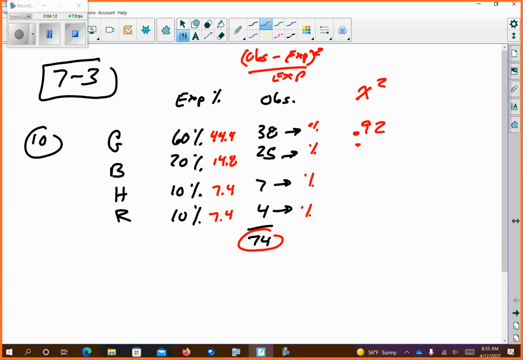As we go down the whole thing, 7.03, 0.02, 1.56. And then that means that this value adds up to 9.53.